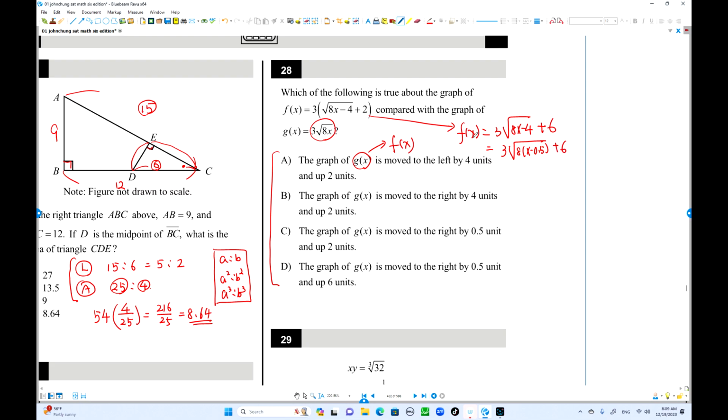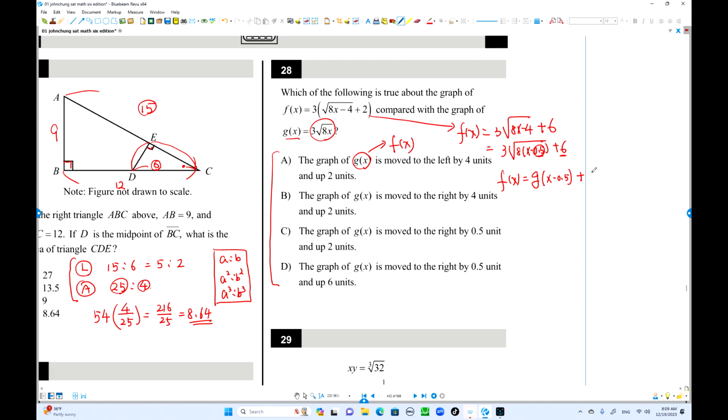So what happened over here? Now compare f of x and g of x. Something is different, these two numbers. It was 8x only before, right? So f of x actually equals g moved to the right, okay? 0.5, isn't it?